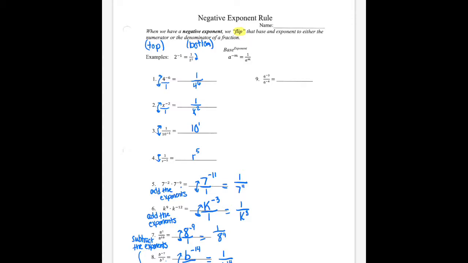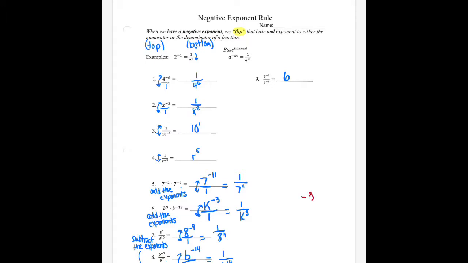This last problem that I have on here, but I'm going to show you a few more, is also the quotient rule. So we're going to subtract the exponents again. So we have a big base 6, and we are going to subtract -3 minus -4. Please do this in your calculator, but I'm going to show you this off to the side really quick.